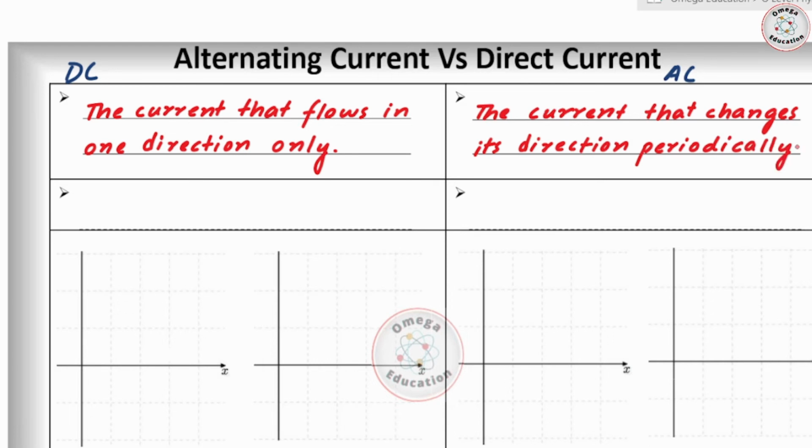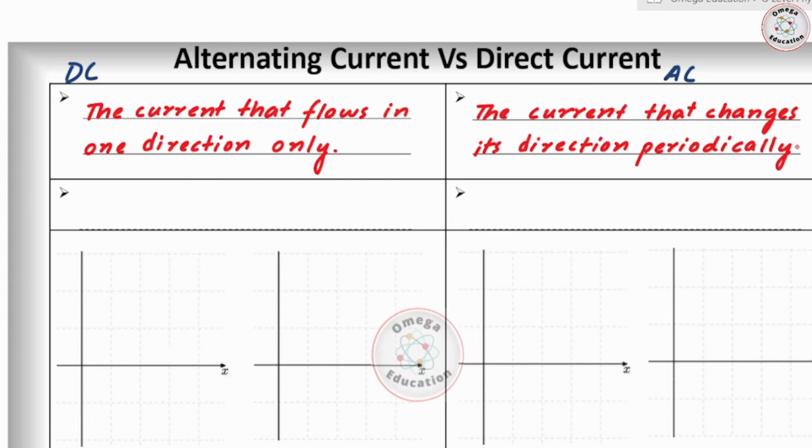All right, the word periodically is important here, and it means that the change in direction should be consistent with time. After exactly a fixed amount of time, there should be a change in direction. It's not a random process like in the start the current changes its direction 2 times in 1 second, then in the next second it changes the direction 8 times, and then 16 times.